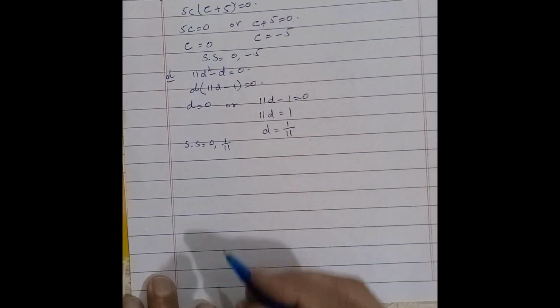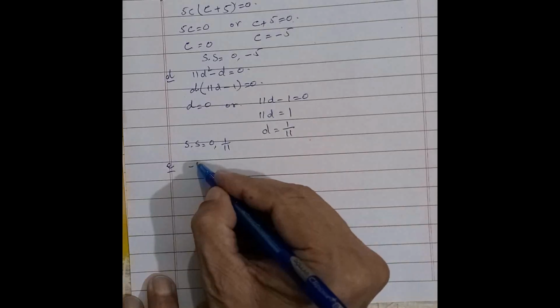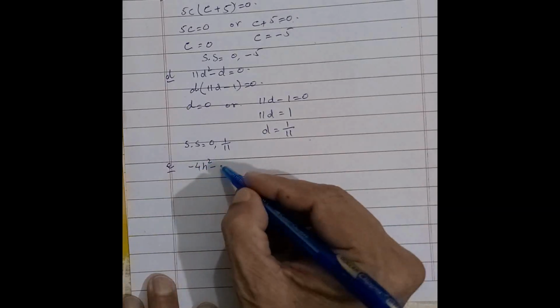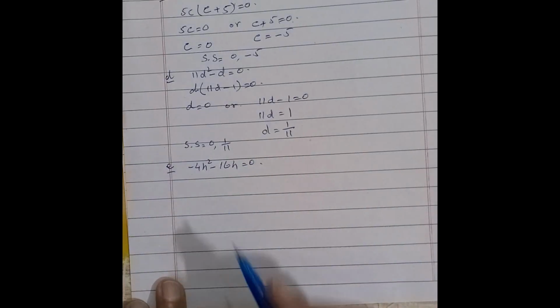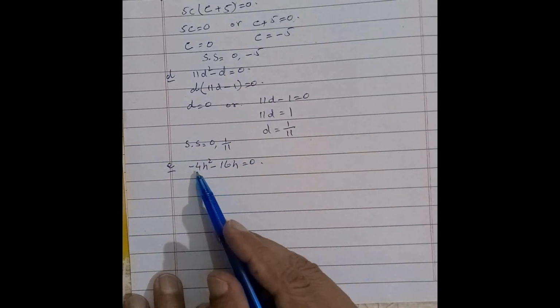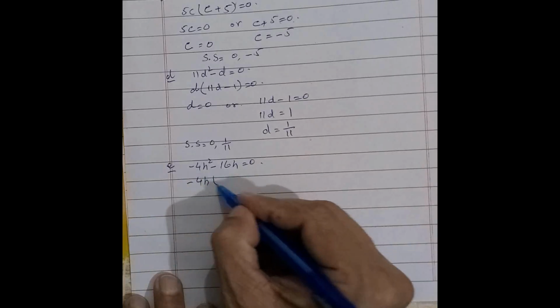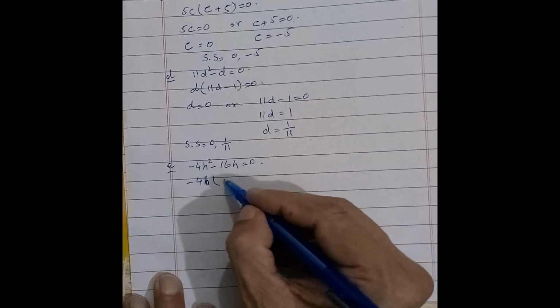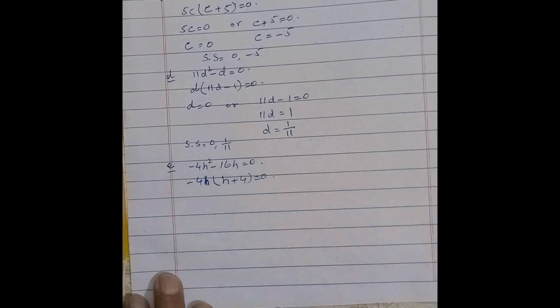The next is E, which is 4h square minus 16h is equal to 0. In this question, we take common minus 4h from both the values, and in the bracket we have h plus 4 is equal to 0.